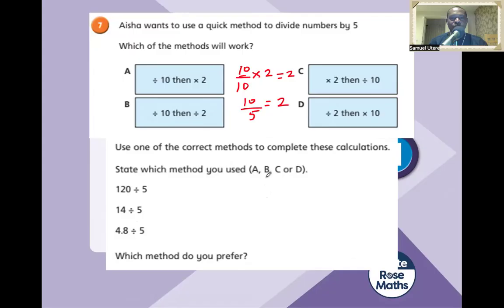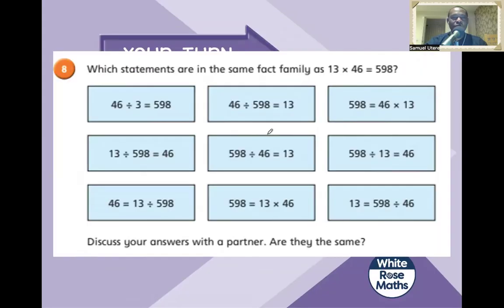All right, let's look at the next one. Here you're asked which statements are in the fact family as 13 times 46 is equal to 598. So let's look at the fact family.